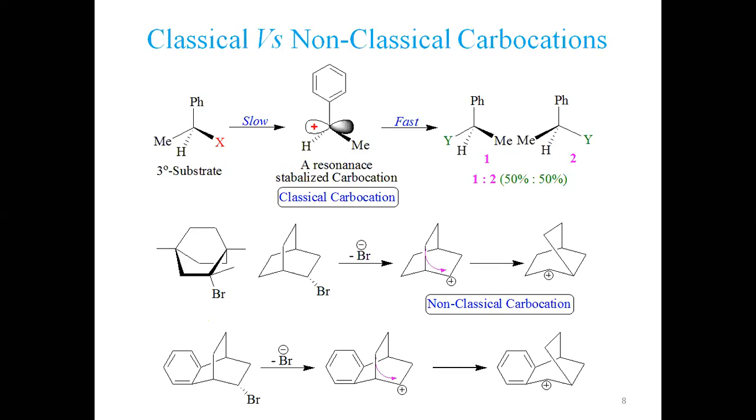Let's see, we are having this bicyclic system. If you remember, this is a very simple molecule. Numbering starts from here: 1, 2, 3, 4, 5, 6, 7, 8. This is 2-bromo. Within the parentheses, you have 2, 2, 2.